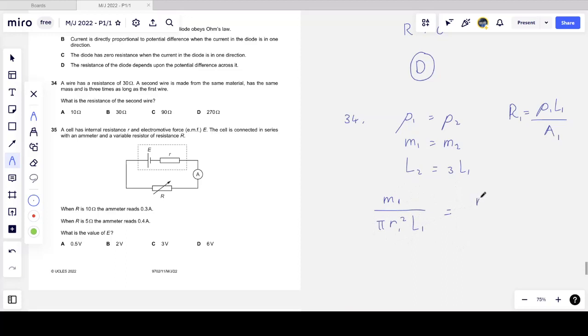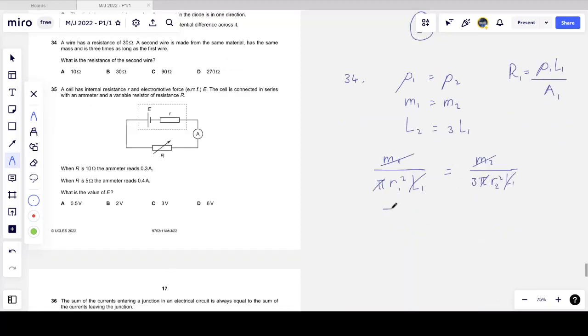And this must equal m2 over, now the length L2 is 3 times L1, so that's 3 pi r2 squared L1. And so now I can do a little bit of cancelling. I know m1 and m2 are the same. L1 is common. This is r2 squared. So the radii are not the same. They can't disappear, but the pi's can.